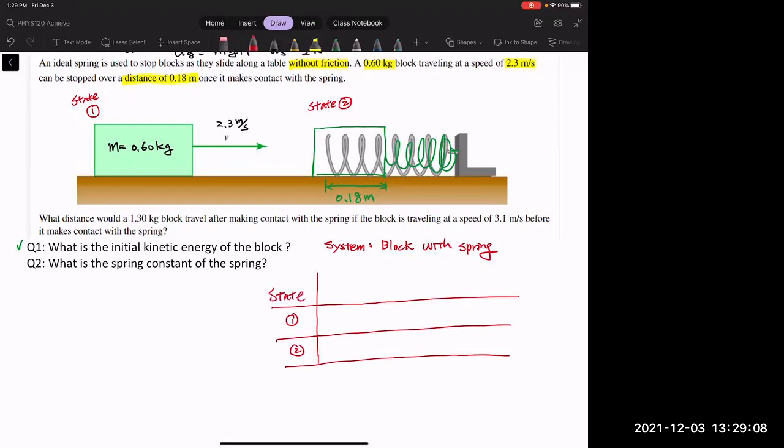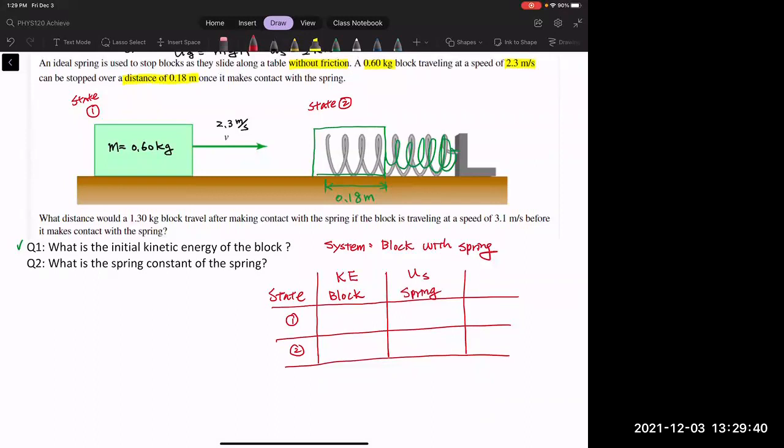And what kind of work and energy do we have? We have energy. We have a kinetic energy, and this kinetic energy is the kinetic energy of the block. We also have a potential energy, but this potential energy is not the potential energy of gravity. This is the potential energy of the spring.